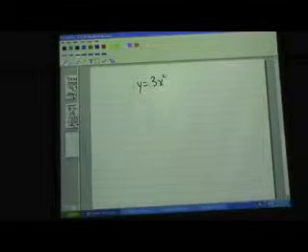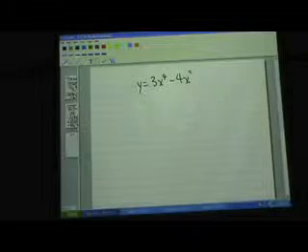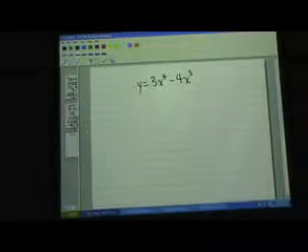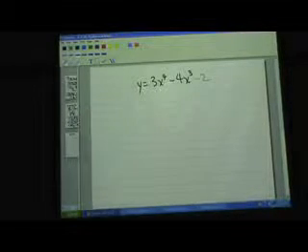All right, this is example 4 on page 657. You're given y equals 3x to the fourth minus 4x cubed minus 2. I'm going to write that down. y equals 3x to the fourth minus 4x cubed minus 2.